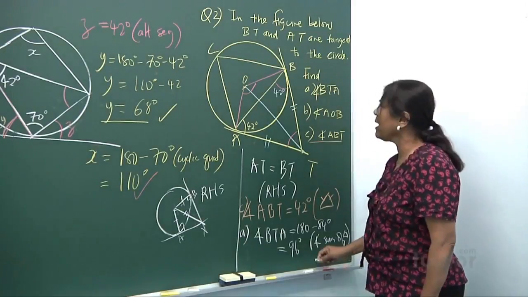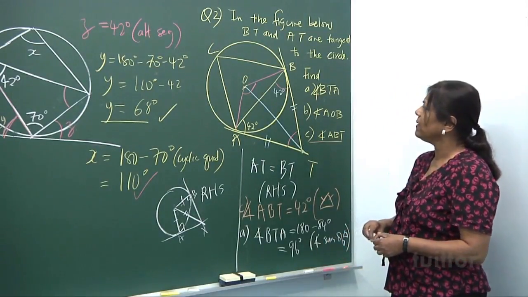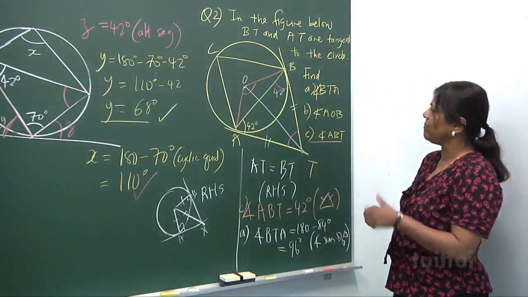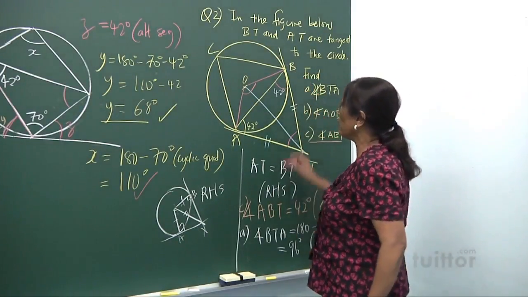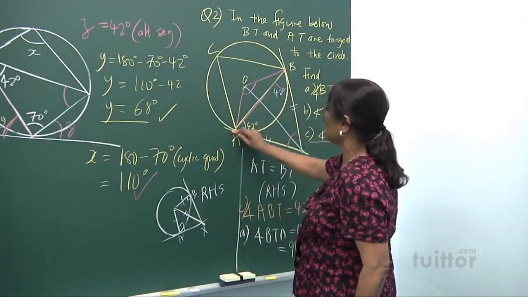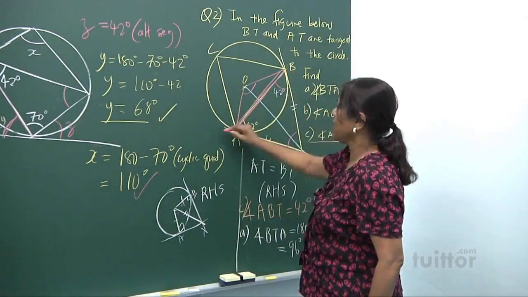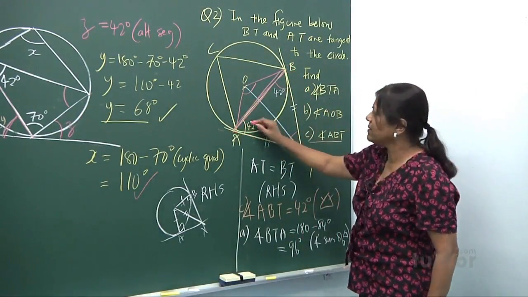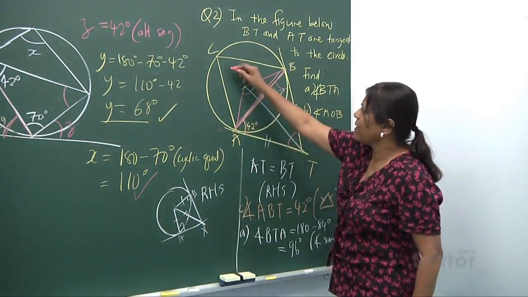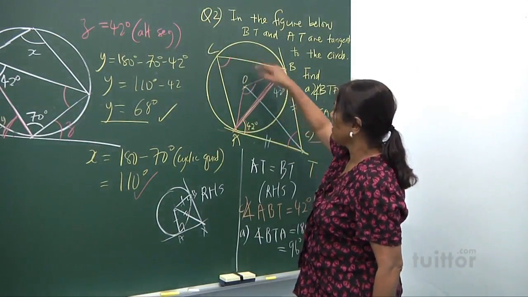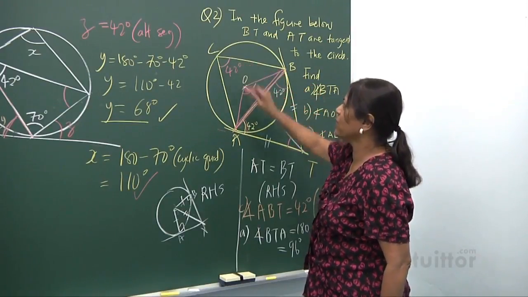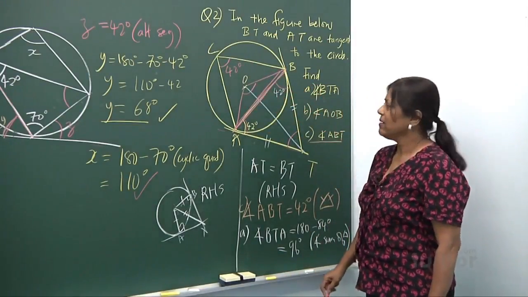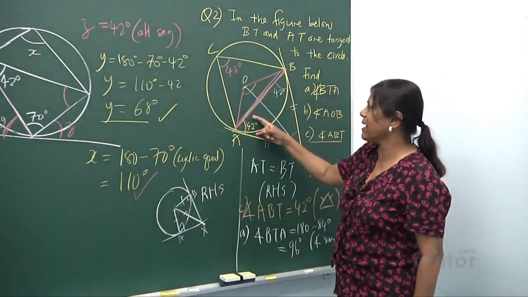How about AOB? Alright? AOB. Look at this 42 degrees. Now I want you to look when you have a chord, and you have a tangent. This is 42 degrees. And what will this angle be? Isn't it facing the same chord? Well, this will be 42, right? Because it's alternate segment.